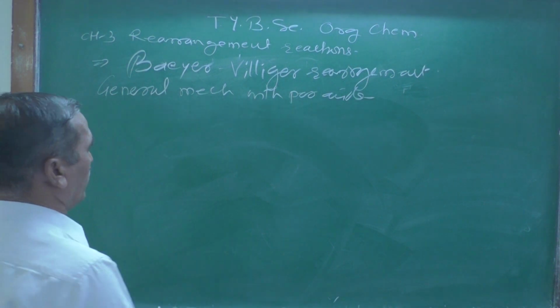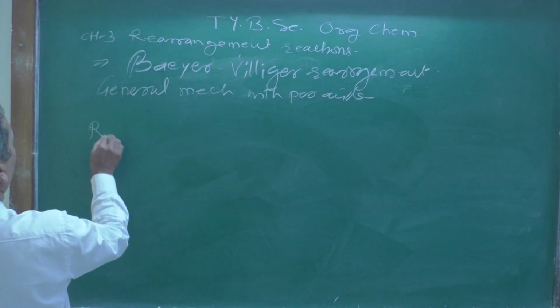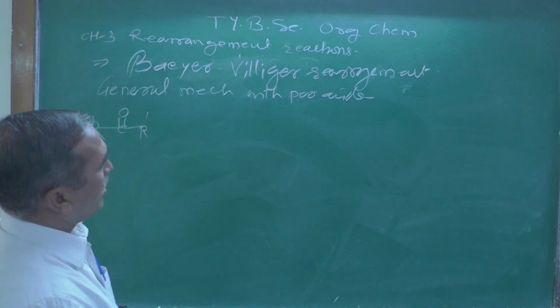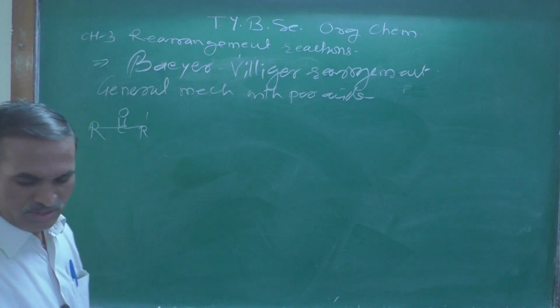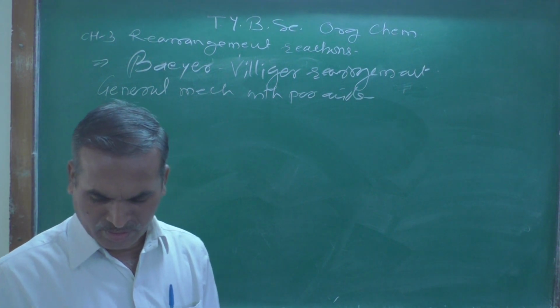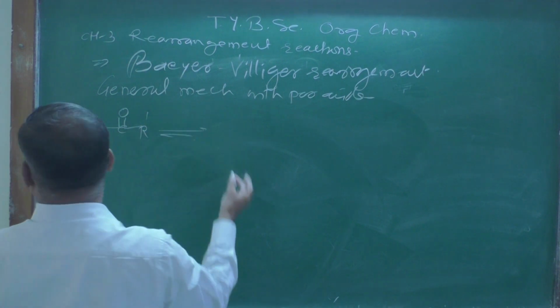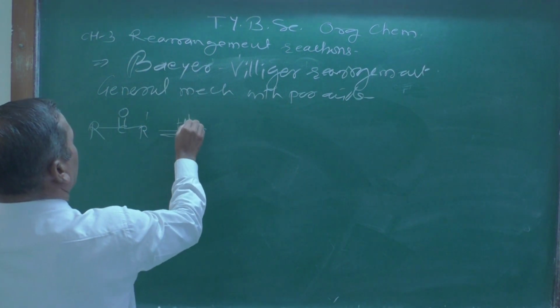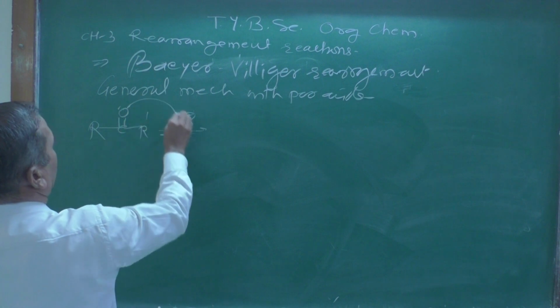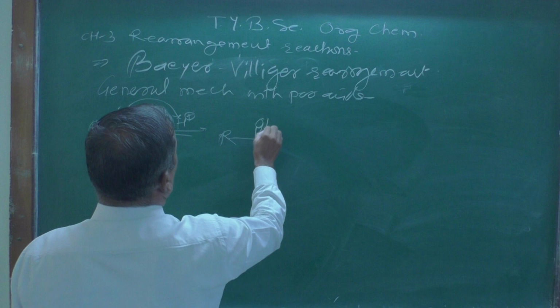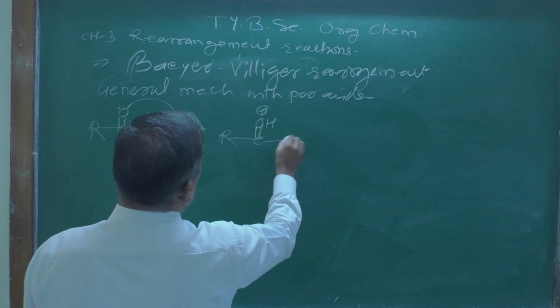Generally we have a starting compound R C double bond O R dash. Now when it is treated with the peracids, first of all these reactions are reversible reactions. In acidic medium, H plus protonates it, so R C double bond O H positive charge, then R dash.